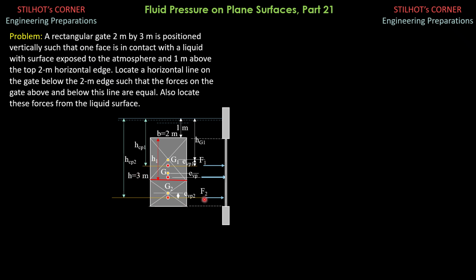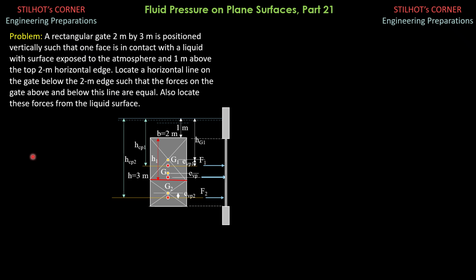And the force on this portion of the gate would be equal, F1 equals F2, and this should be half of the single force acting at the centroid of the area. For the second part, we are also looking for the location of these forces, which act at the center of pressure of each area, and I mark those as H sub CP1 and H sub CP2.